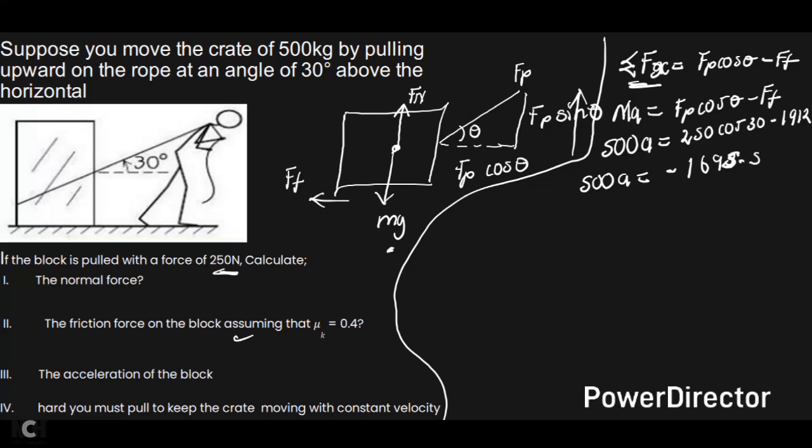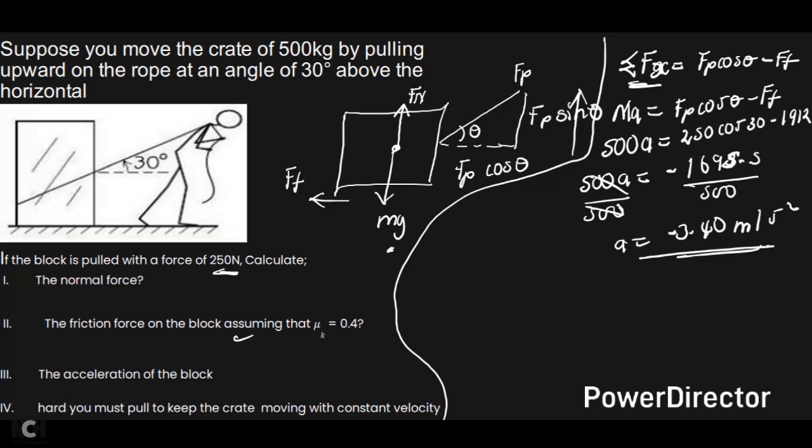Then let's divide this by 500, meaning your a will be negative 3.40 meters per second squared. So that is your acceleration.